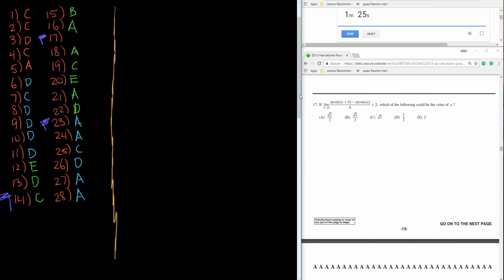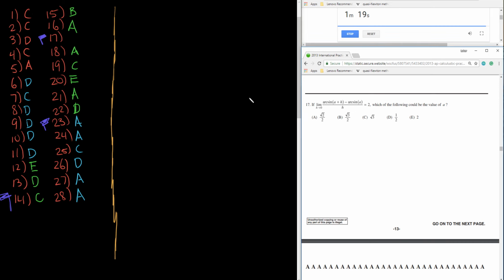Alright, I don't see why it would involve square roots, so we're going to go with D, 1/2.